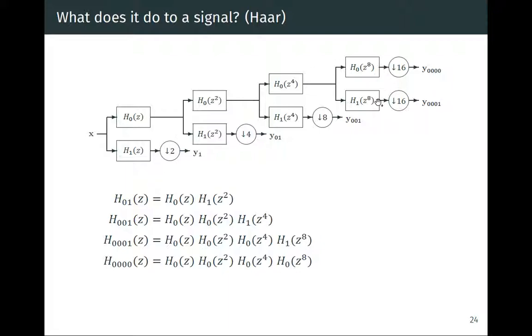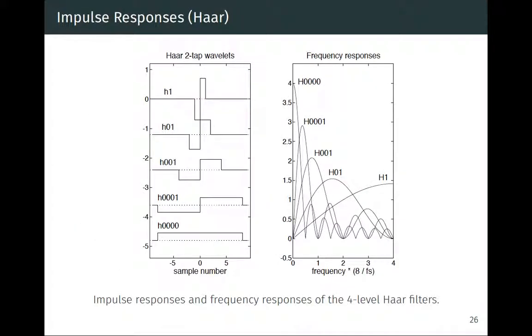After the transform, we're going to get multiple bands for different frequencies. And you can derive exactly what these band responses are. When you look at that, you can see why they call it the wavelet transform.